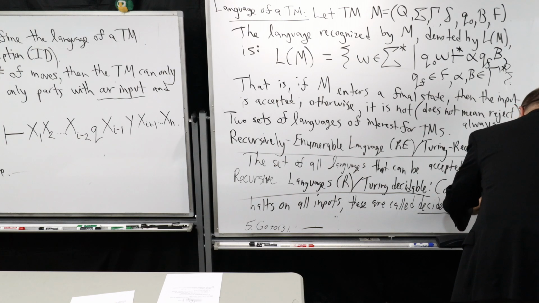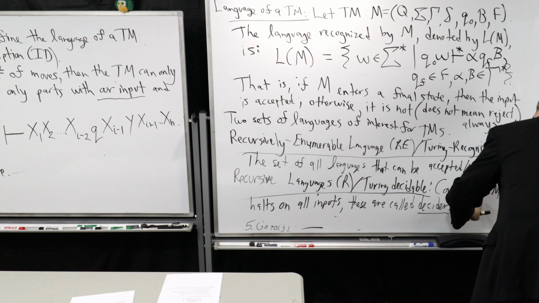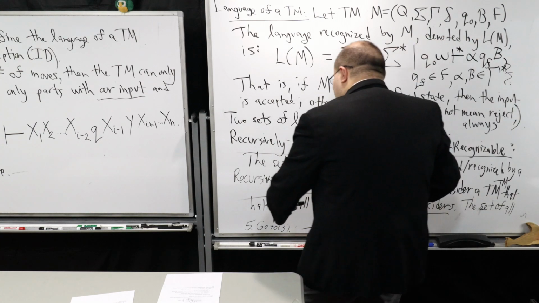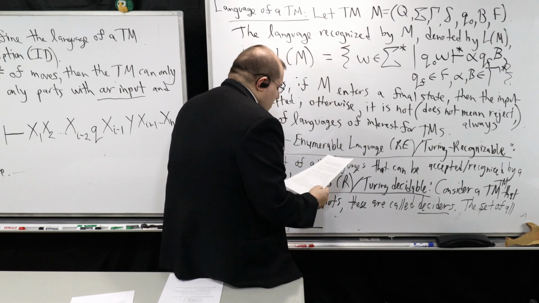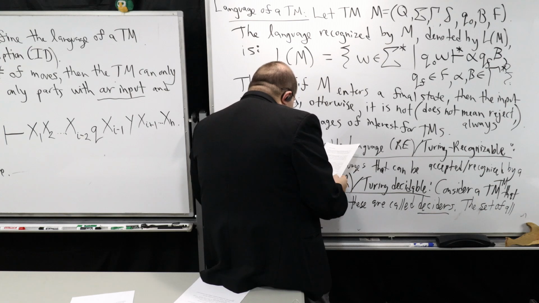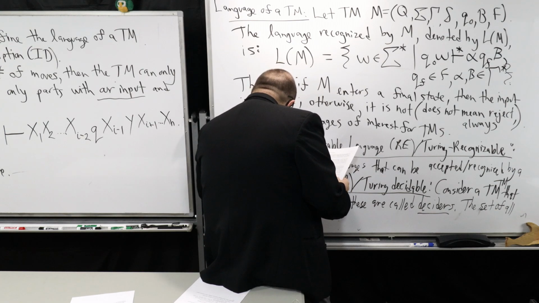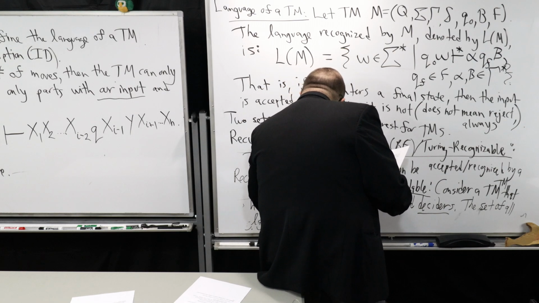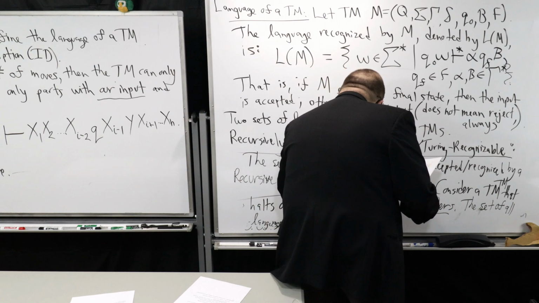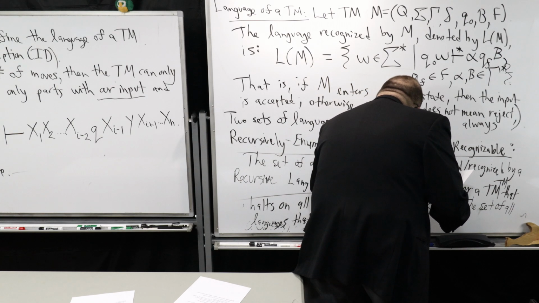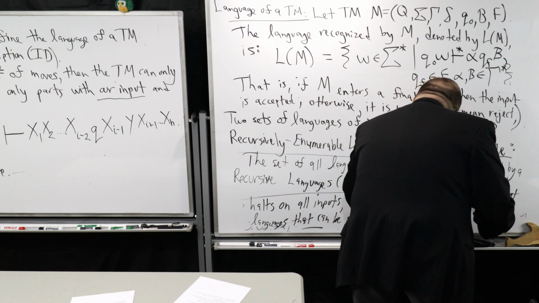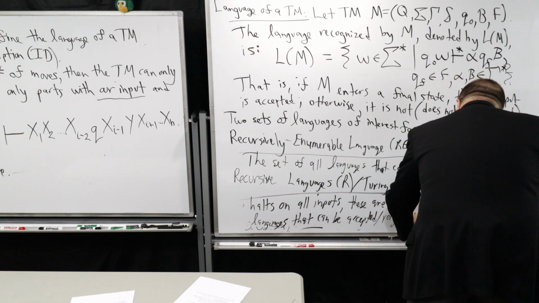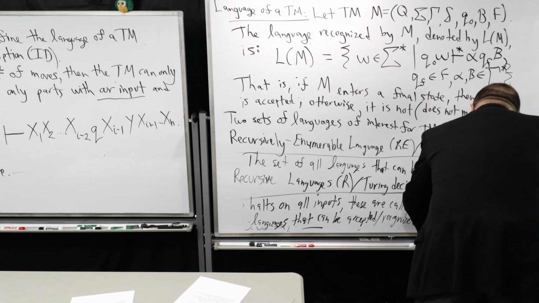So this is simply the set of all languages, and I will be wrapping things up in a minute, my apologies, the set of all languages that can be accepted or recognized using a decider.